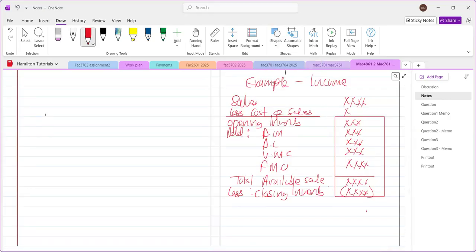So when we get our cost of sales here, it contains variable costs and fixed costs. Which means also our inventory will take into account variable and fixed costs. Sales minus cost of sales gives us gross profit here.